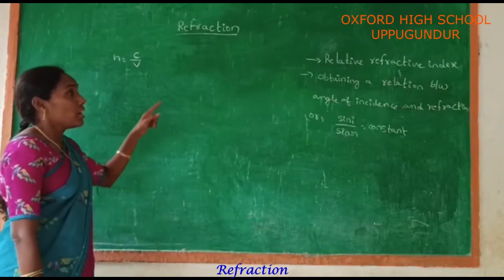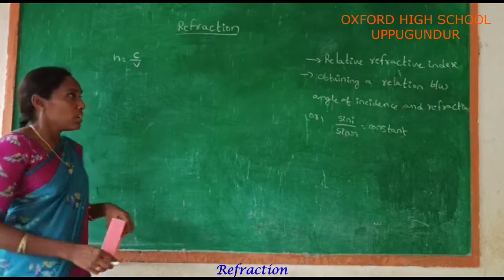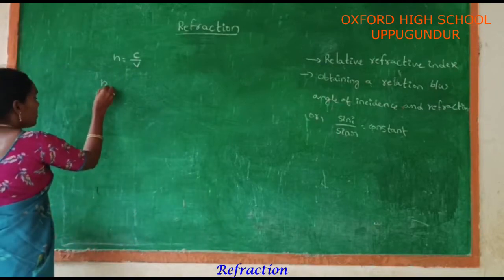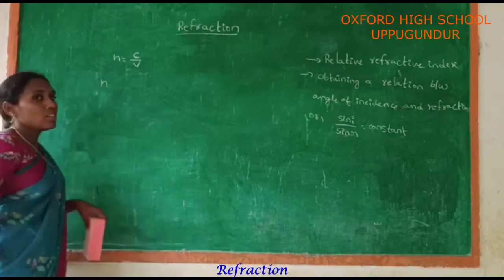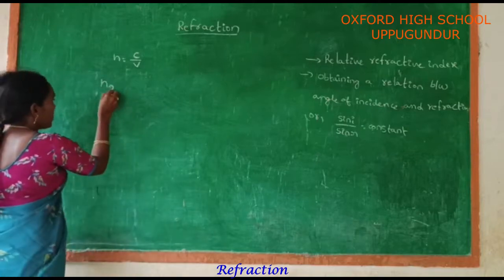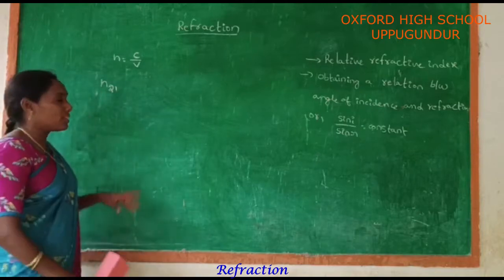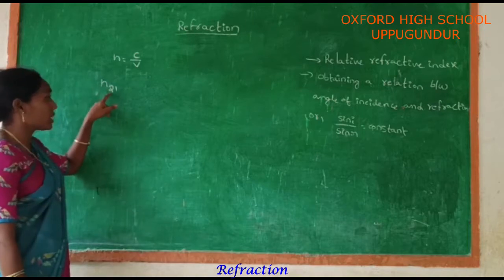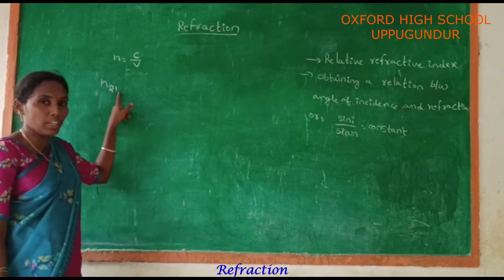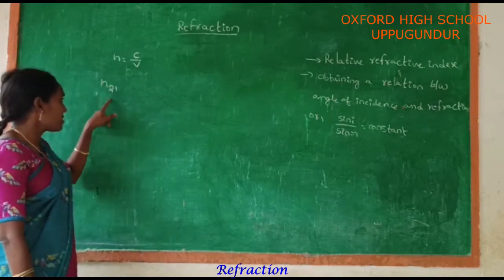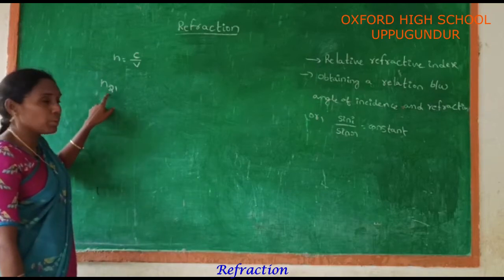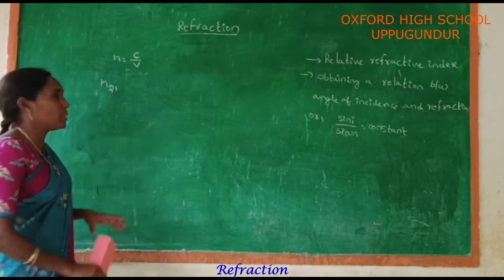Relative refractive index is also represented by the letter small n, written as n21. Here it is the refractive index of second medium with respect to first medium.